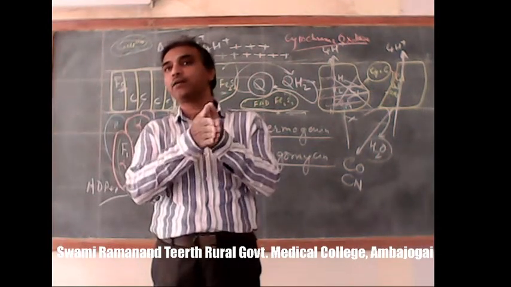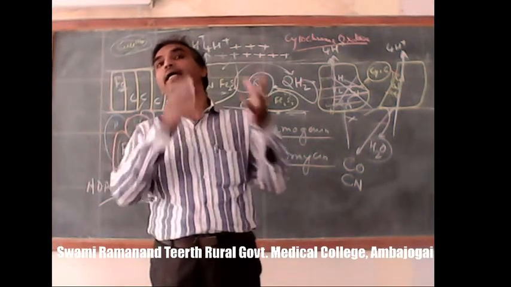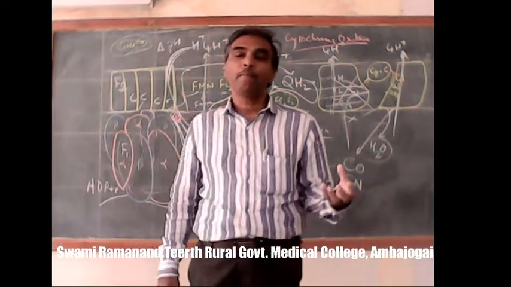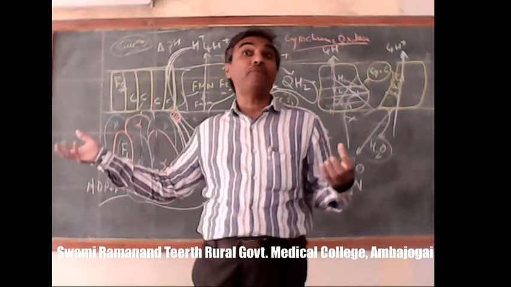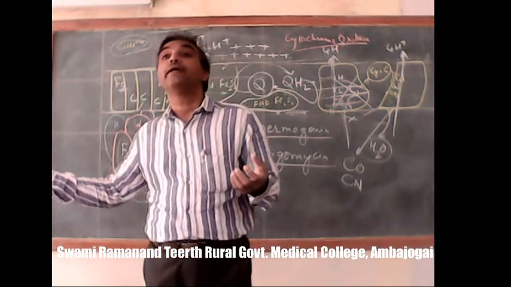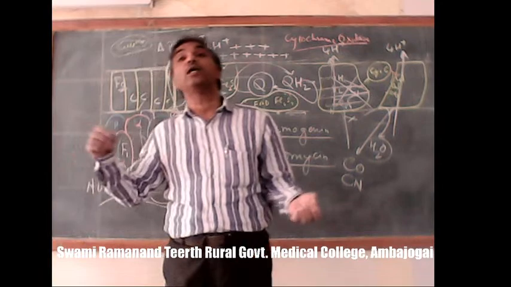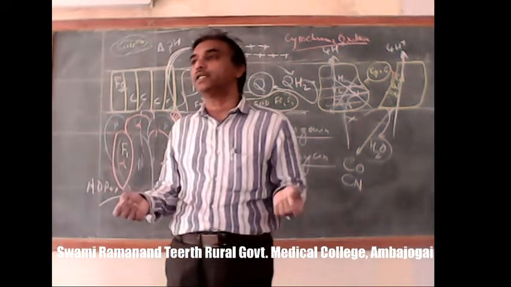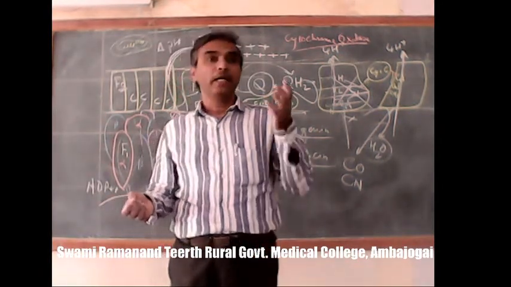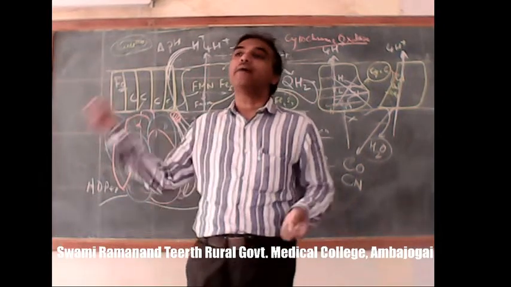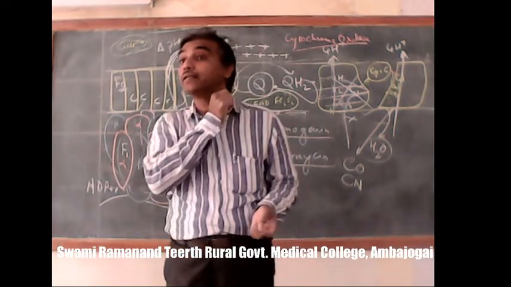The glycerophosphate shuttle takes up NADH from the cytosol and converts it into FADH2 in the mitochondria, because the glycerophosphate dehydrogenase in the cytosol is NAD linked, and in mitochondria it is FAD linked.